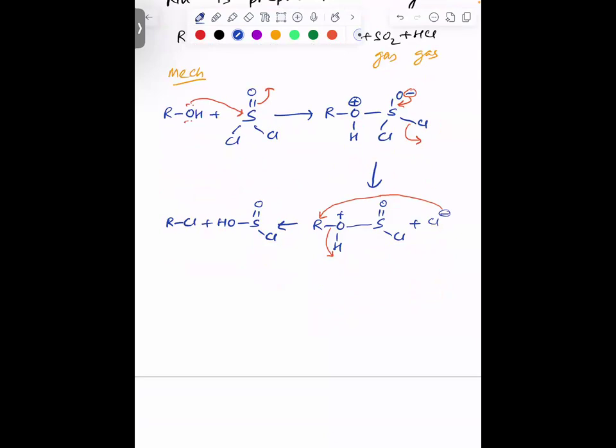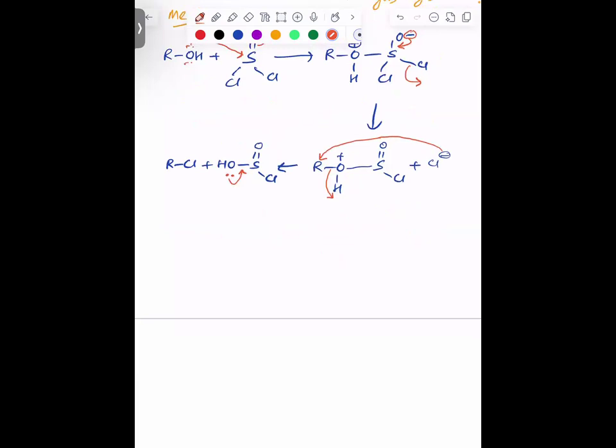Next, oxygen tries to make a double bond with sulfur. Why? This is p pi d pi bonding, and p pi d pi bonding is stronger. So what will happen?